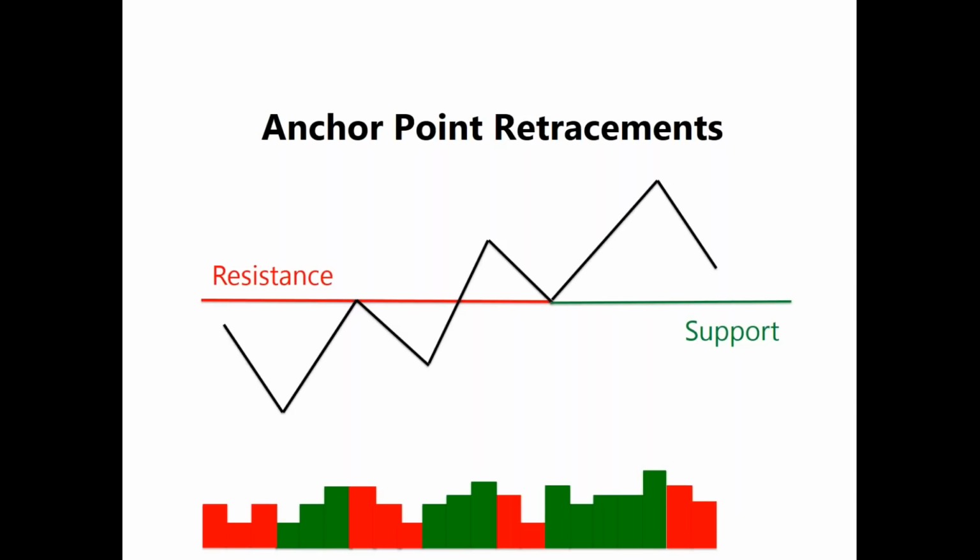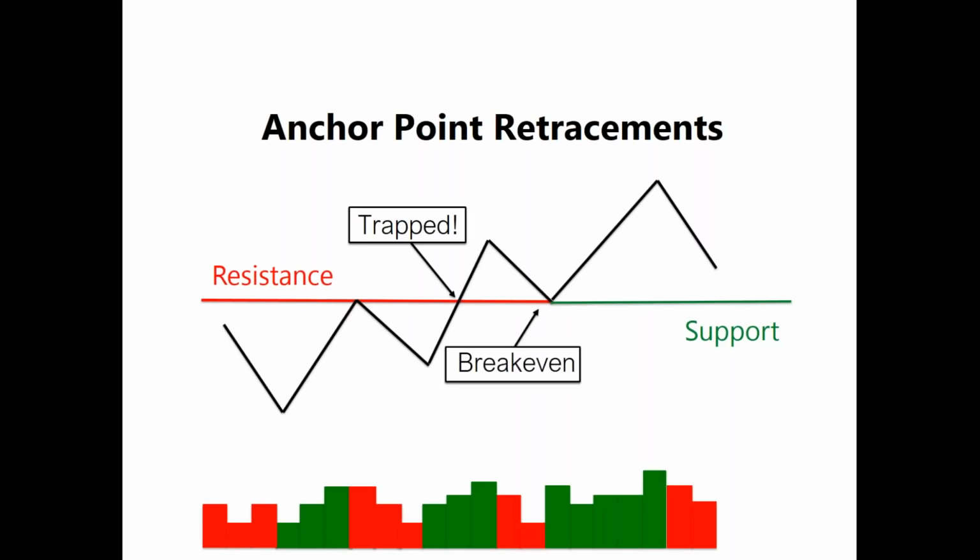So for entries, we're looking for situations when prices have crossed a key support resistance level, and then look for a retracement back to that level. So traders who got trapped short at this level will be anchored there and try to get out at break even. So we can expect demand from this position to help form support.